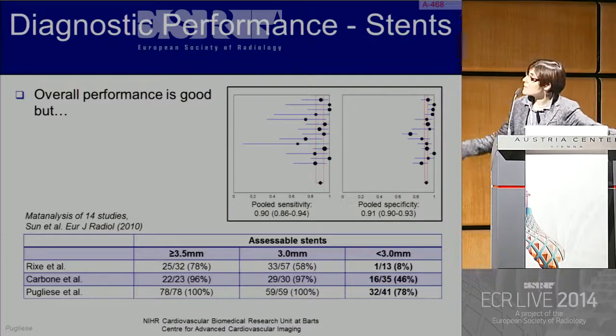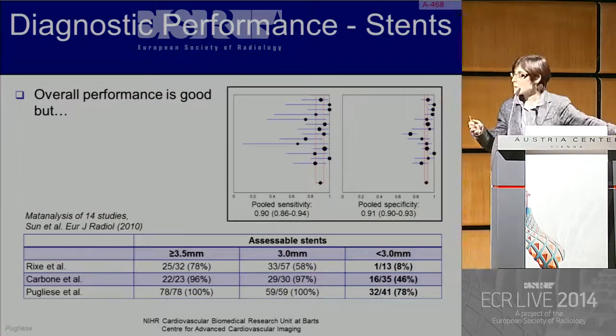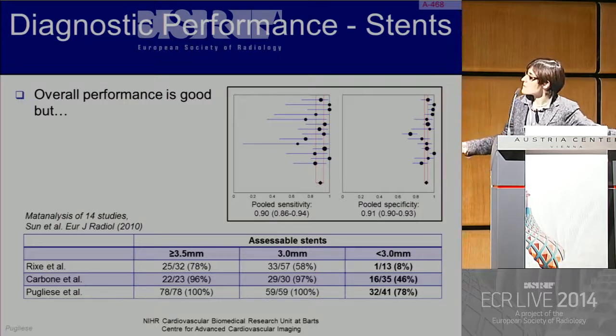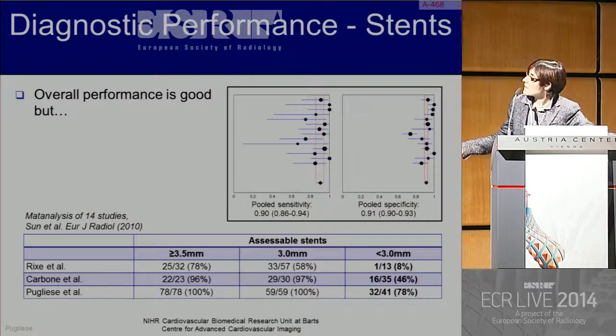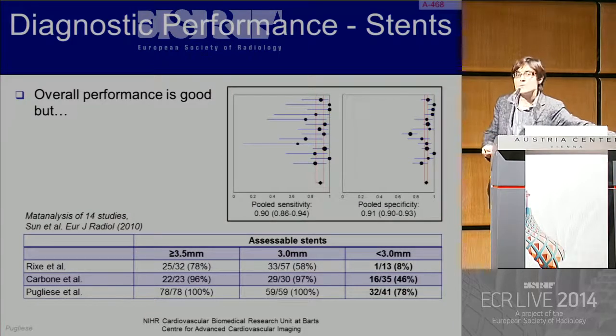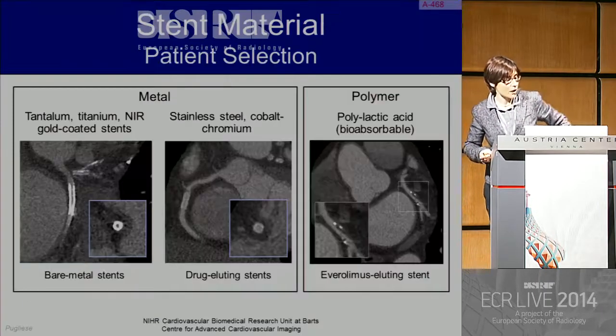However, if we look at the percentage of stents which were actually accessible based on the stent diameter, we see that we have high percentages of available stents when the diameter is at least as large as 3 millimeters, and variable percentages of available stents when the diameter is less than 3 millimeters, with studies reporting values as low as 8% as the percentage of small stents which are available.